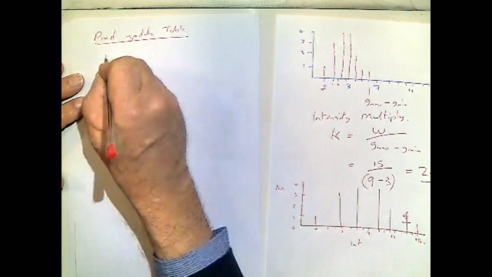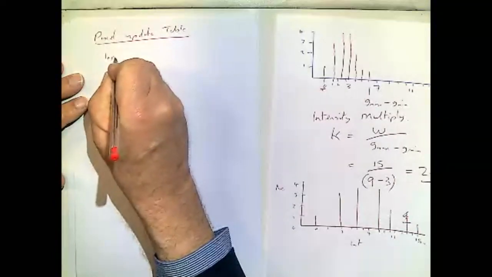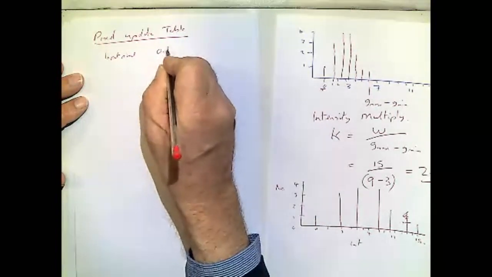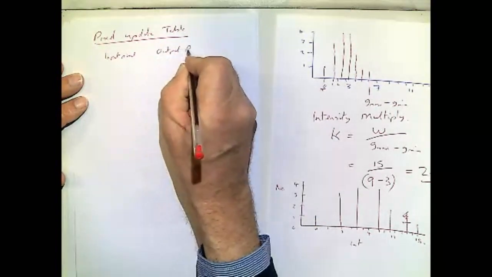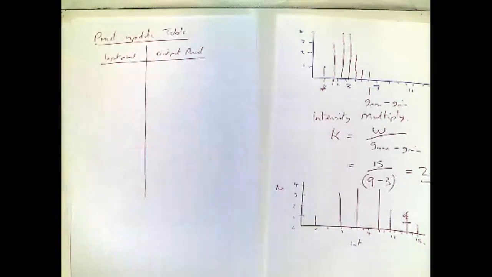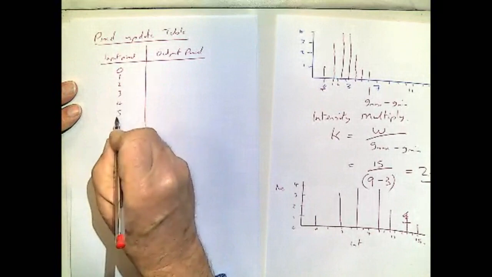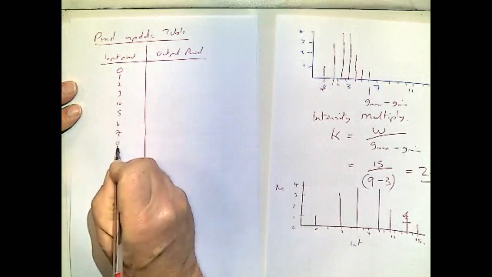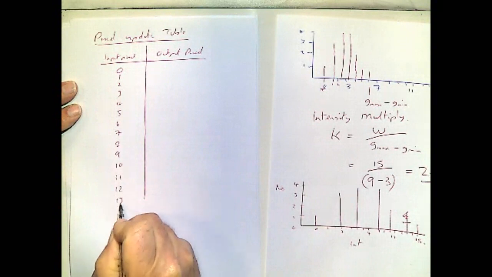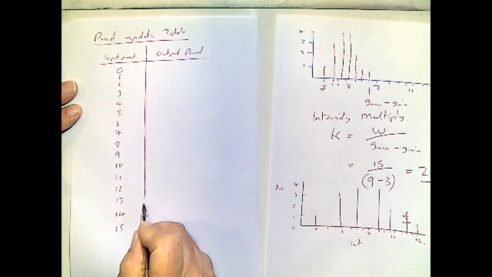So if I just label it input pixel, and the output. So immediately, like the truth table, you know the input pixel values, and they are going to be 0 to 15. 0, 1, 2, 3, 4, 5, 6, 7, 8, 9, 10, 11, 12, 13, 14, and 15.